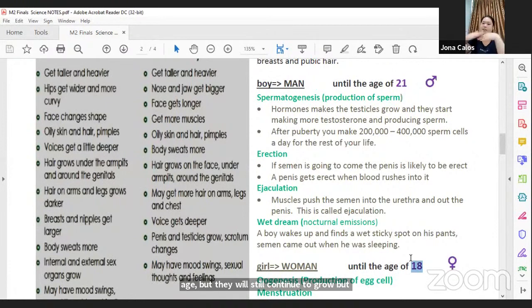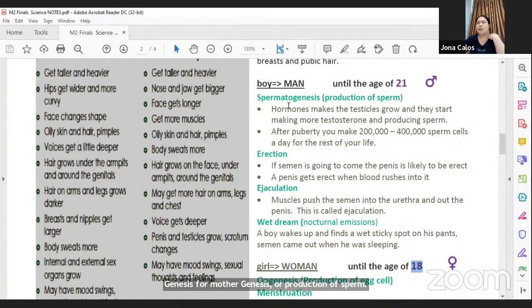They will still continue to grow, but a bit slower until 21. On this puberty age, males will already experience erection, ejaculation, and wet dreams or nocturnal emission. At this stage, the boys will have spermatogenesis or production of sperm.